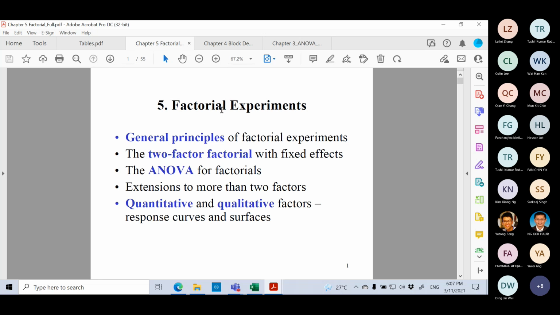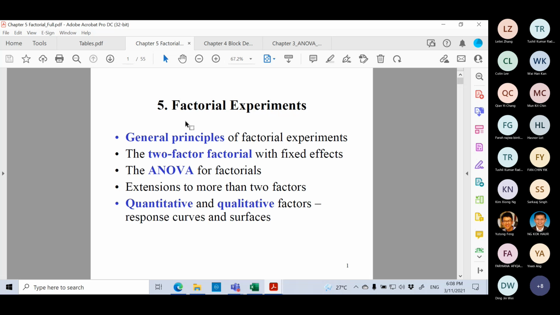Under the factorial experiment, I believe I have started the introduction. You can have two factors, or you can have more factors. For the two-factor analysis, we have a fixed effect.